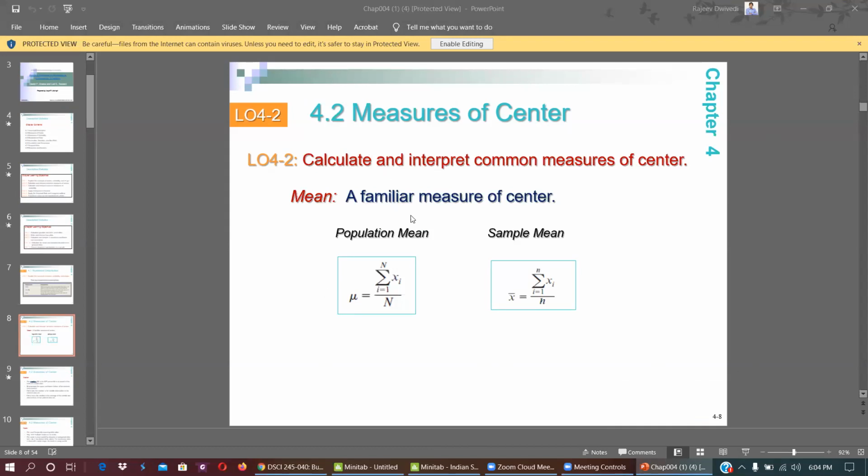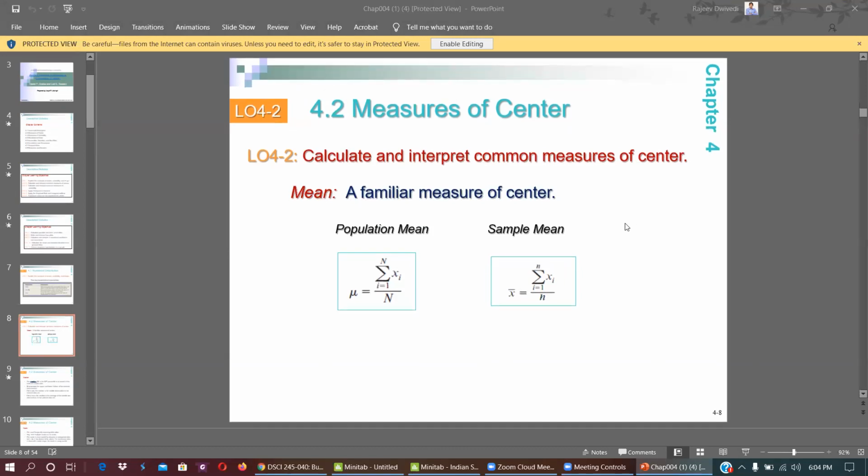Here we are going to do numerical description. In the earlier chapter or previous class we described the data visually. Now we are going to look into the numbers. Based on numbers, you can understand the data, the behavior of the data, the variability, the shape, these three characteristics.